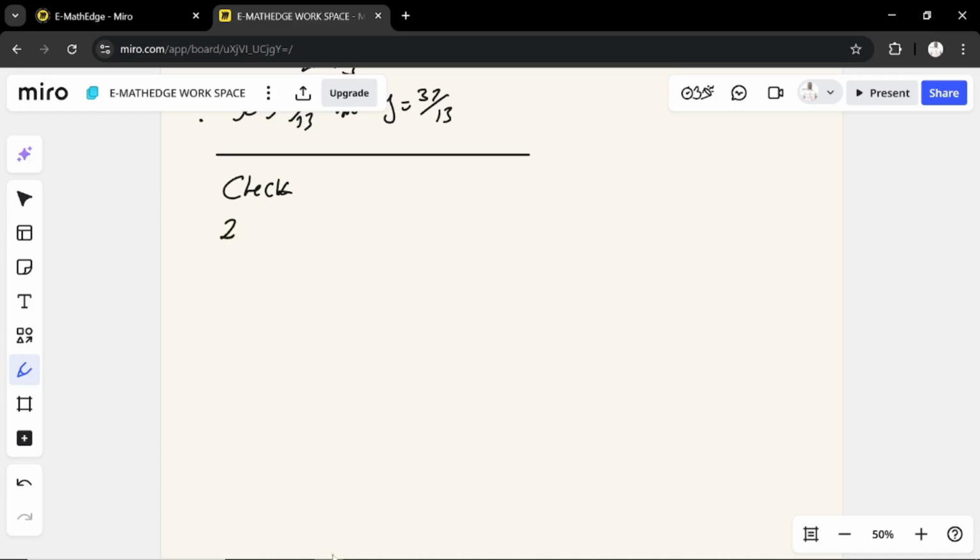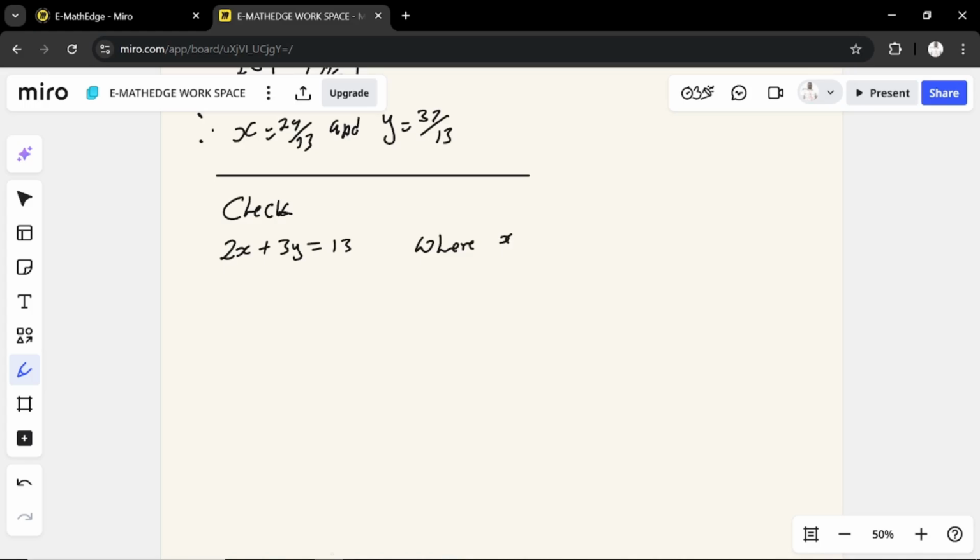So we are using 2x plus 3y equal to 13, right? Where we have the value of x to be equal to 29 all over 13 and the value of y to be equal to 37 all over 13. So substituting these values into this equation, we are going to have 2 into the bracket of 29 all over 13 plus 3 into the bracket of 37 all over 13 to be equal to 13.